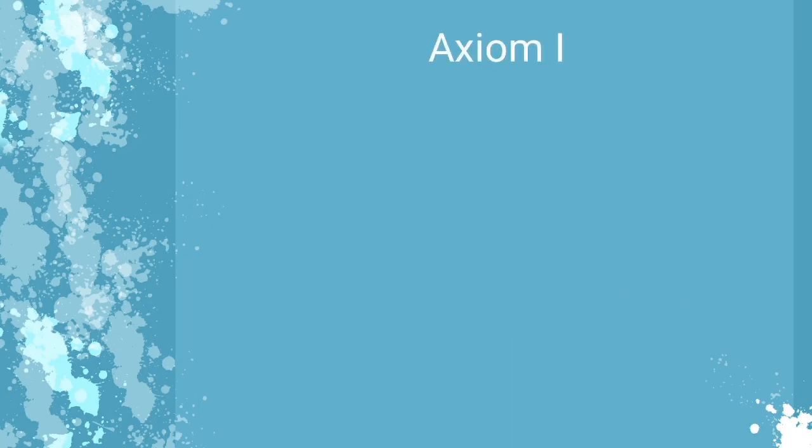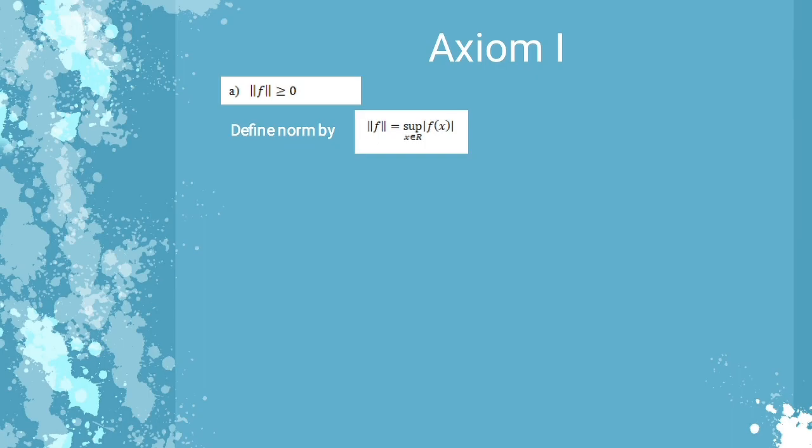We start from the first axiom. We defined the norm by norm f is equal to the supremum of the absolute value of f(x).